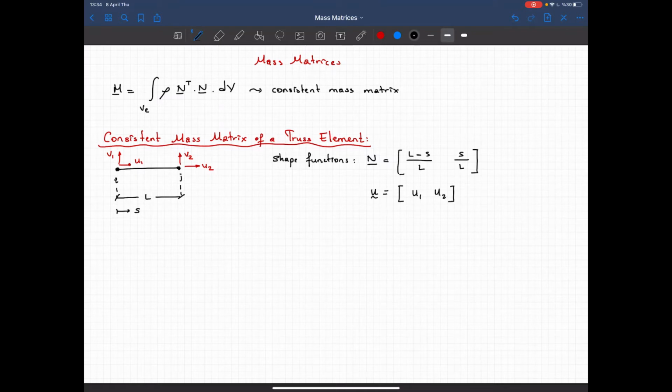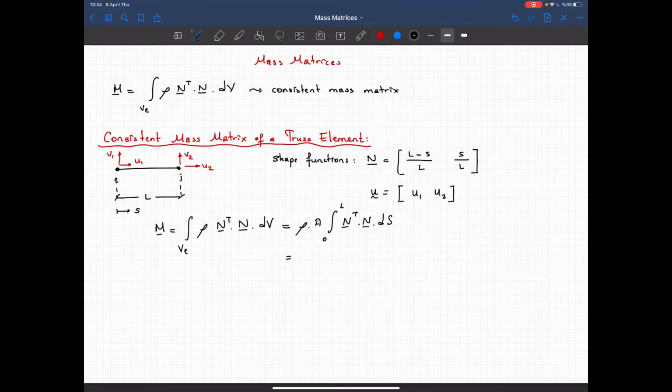So if I want to calculate the consistent mass matrix of this element, I have to do the following. Integrate over the volume. I have rho N transpose multiplied by N integrated over the volume, which will give me rho times A integral from 0 to L of N transpose N ds.